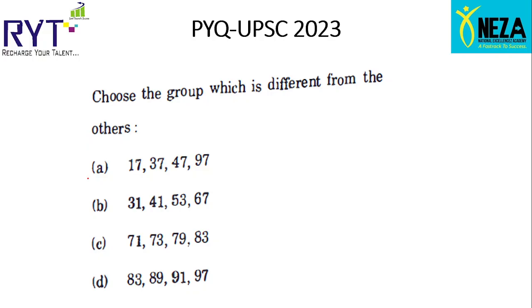When I look at the numbers, it's very much evident that all are prime numbers. In the first group, all these are prime numbers. 31, 41, 53, 61, prime numbers. 71, 73, 79, 83, prime numbers. These three are prime numbers.